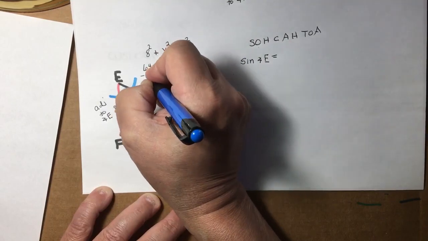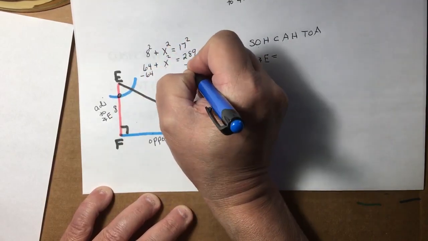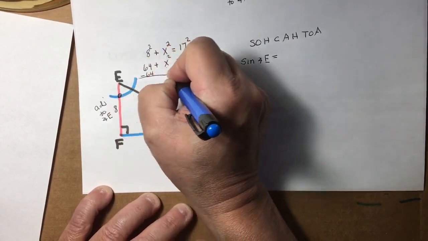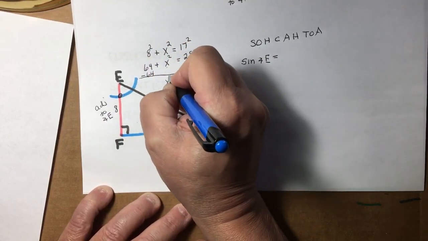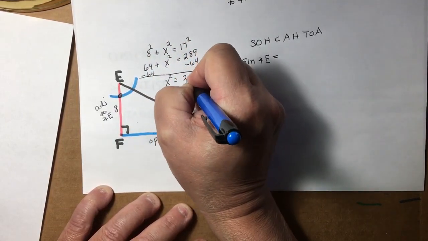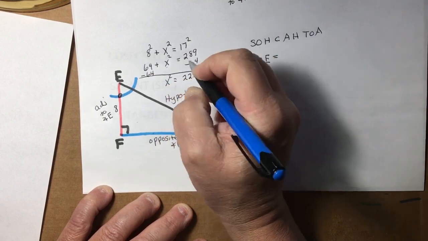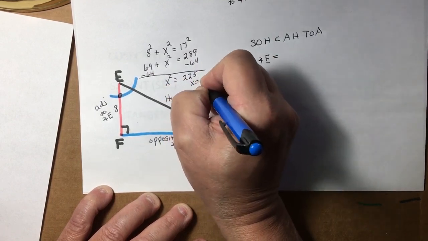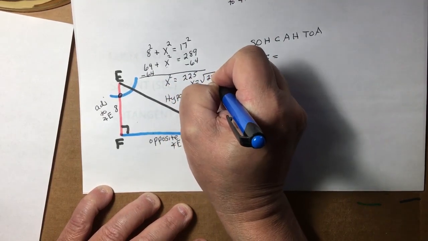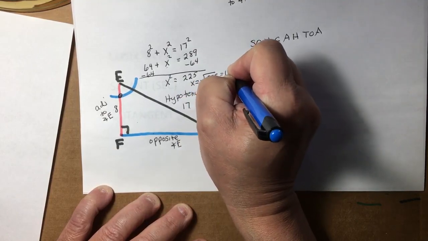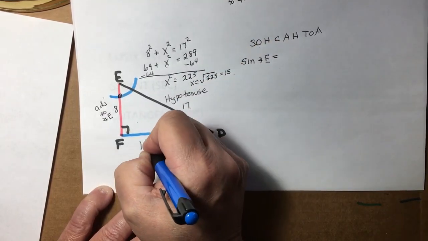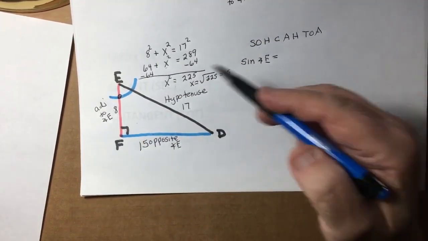Let's get the x alone. Let's subtract 64 from both sides. X squared equals 225. So x is the square root of 225, or 15. So this side here is 15.